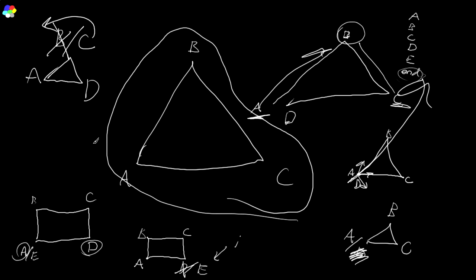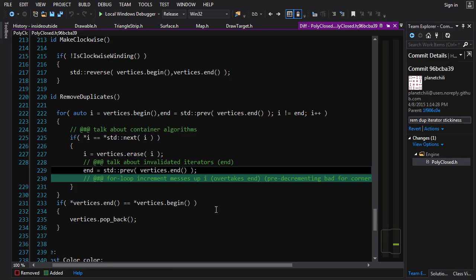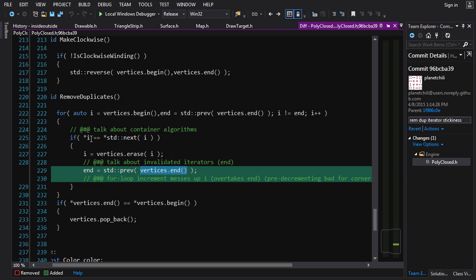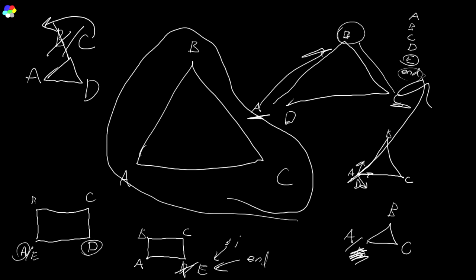All right. So when we make our end iterator point to vertices.end previous, end is going to point to E, which is what I is pointing to. So now end and I both point to E. So far, so good. Now we finish this thing here. We go back up here. We increment I. So now I isn't pointing to E. I is pointing to this end, which is different from the end iterator that we're using.